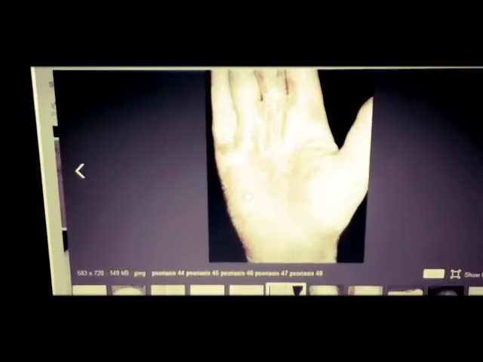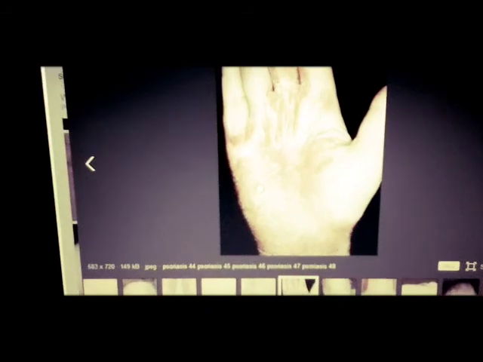Okay, so I pulled up this photo on Bing, and this is a photo of a hand that is affected by psoriasis. Now with psoriasis, as you can clearly see on this person's hand, it is a very, very, very serious skin disorder.